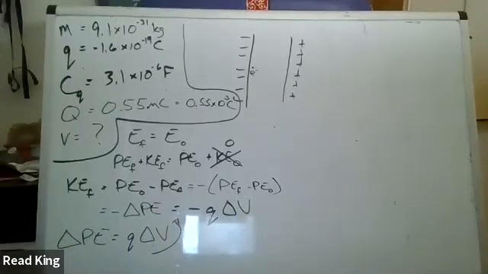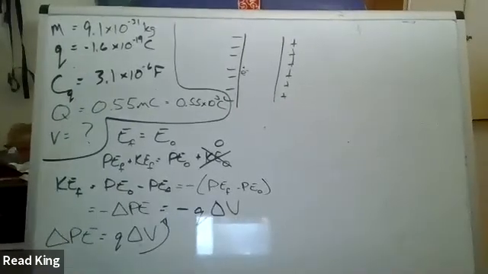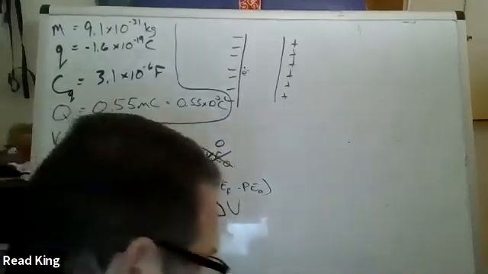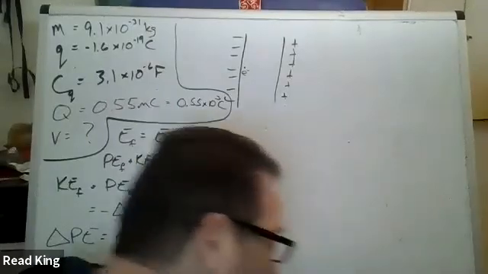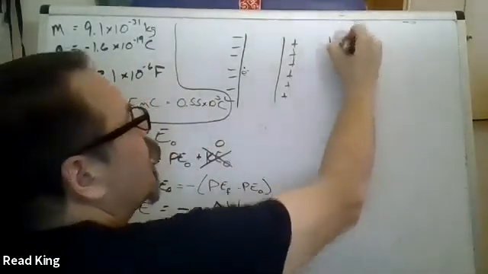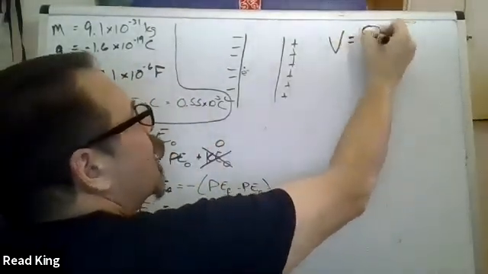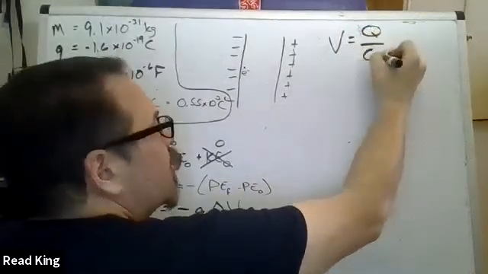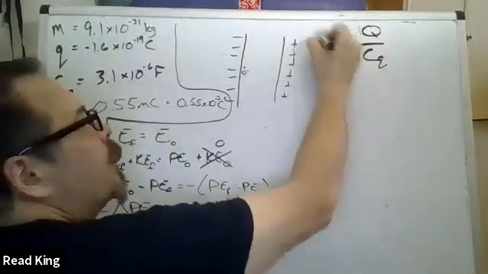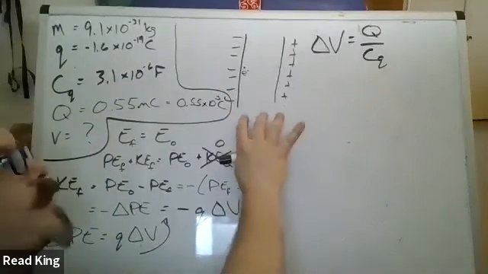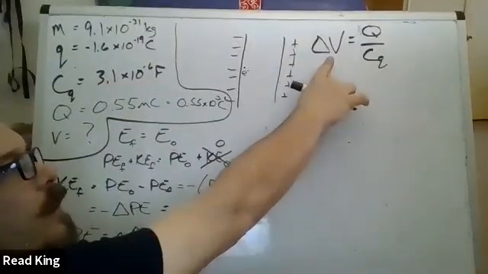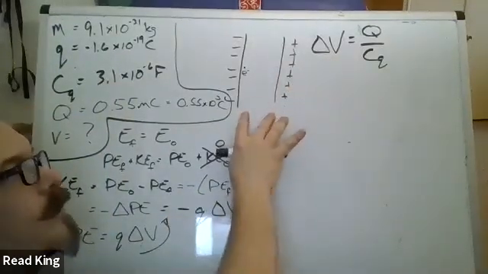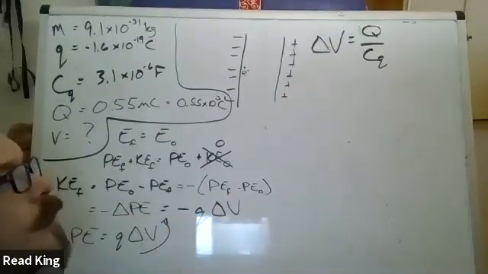So the potential difference, I know they just use V, but it is a potential difference, so we can use the delta V terminology there.